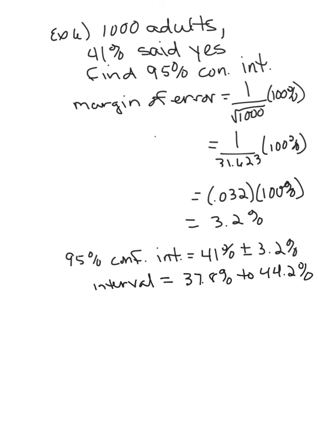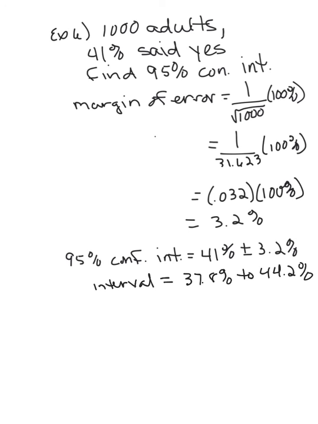So what that means is when we took our sample, 41% is what we got. That could be the right answer, but it could also be off a little bit.